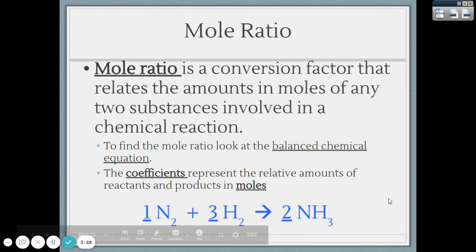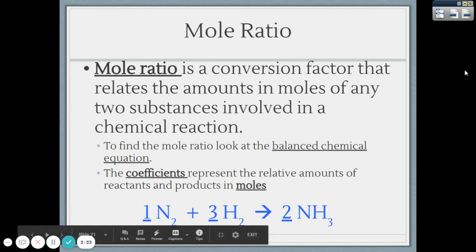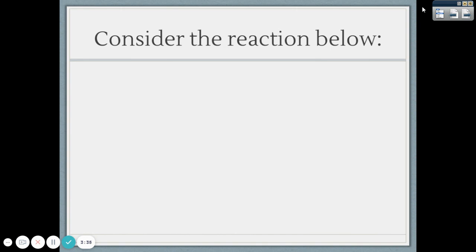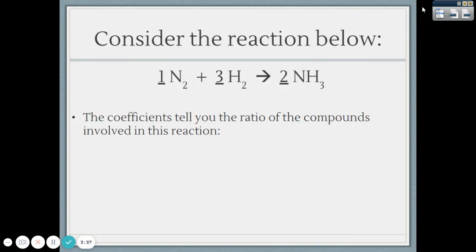So in this equation, I've got my coefficients underlined because that's what we are really going to be focusing in on. So in that equation, the coefficients tell me the ratio. So really what this equation is saying is that it takes 1 mole of nitrogen and 3 moles of hydrogen in order to produce 2 moles of NH3.